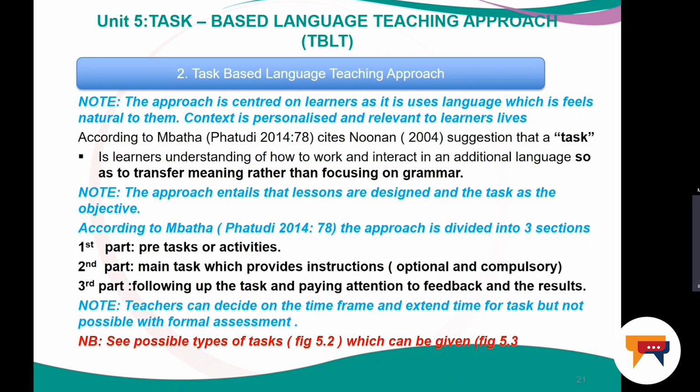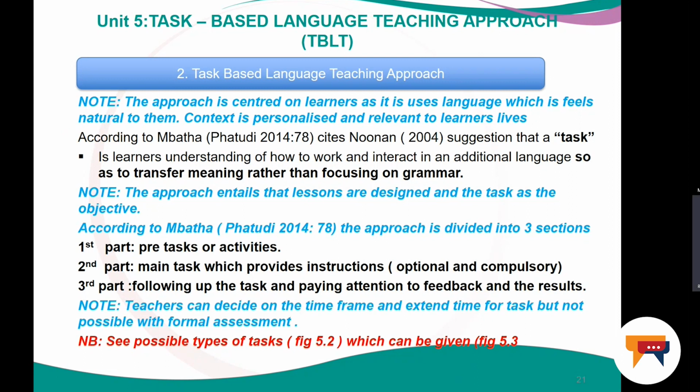So for the learner, it's important to understand how to work and interact in an additional language. So that task is important, task-based.